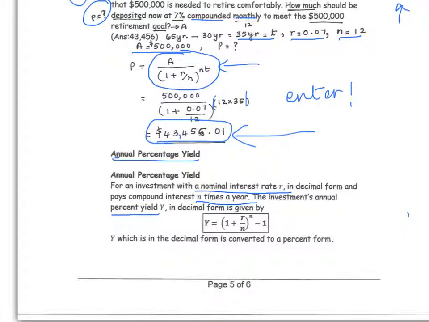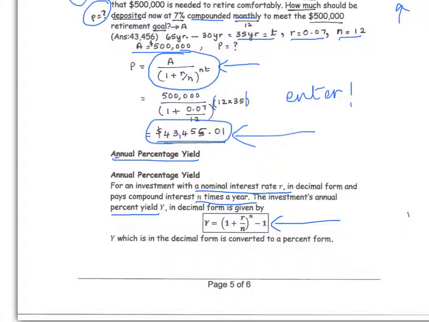If we were to put this exact same amount into a simple interest account, what would be the simple interest rate that is equivalent to the compound interest rate R compounded n times a year? So the yield is just the simple interest rate that would get us the same returns as the compound interest rate that is given to us.